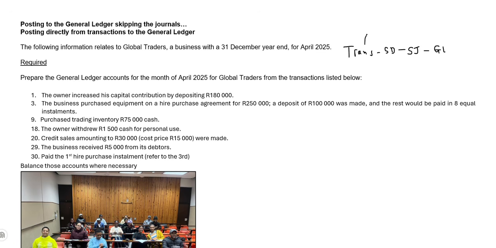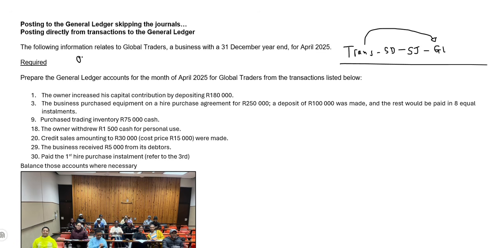Now the examiner is asking you to take the information straight into the general ledger accounts because the test is on the general ledger accounts and also the principle of double entry. So that's what's going to happen in this exercise. So let's have a look. First thing, when you do general ledger accounts, you look for opening balances.